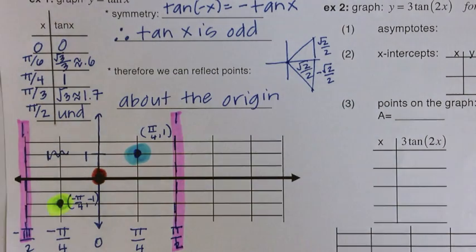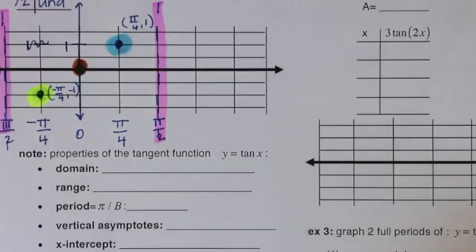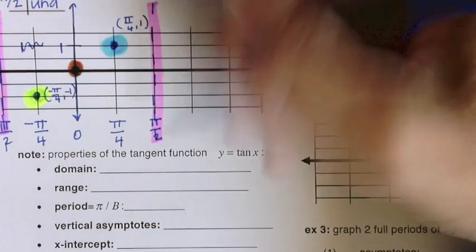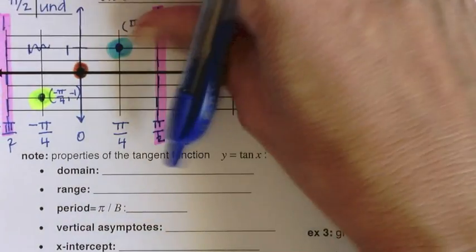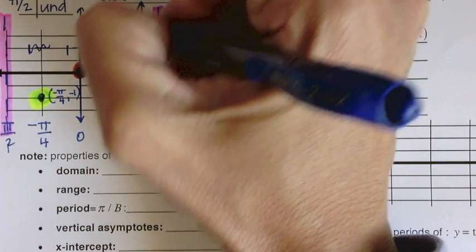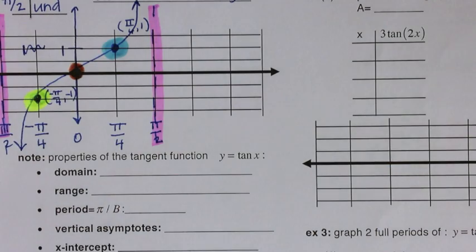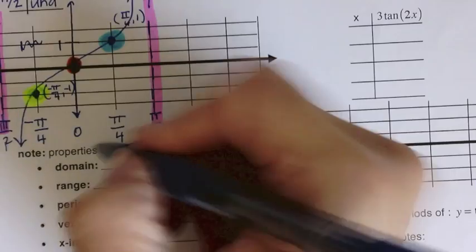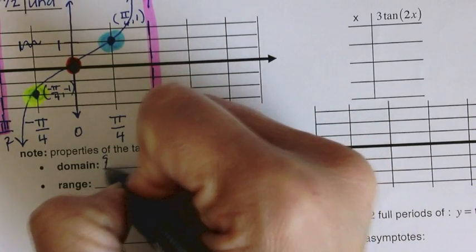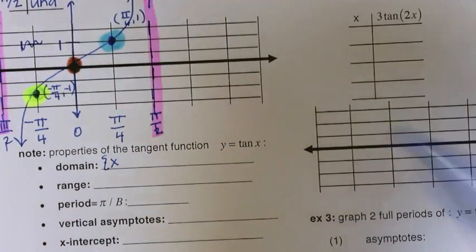Okay, so let's take a look at the properties of our parent graph. The domain is not all real numbers because we have these asymptotes here. So I just wanted to point out that I haven't actually connected the dots, so that's what we're going to do. The tangent graph kind of takes this curve. So remember, it likes to coast along its asymptotes right there. So the domain, this is kind of weird to write because you're like, well, it can't equal these asymptotes, so how do we write that?